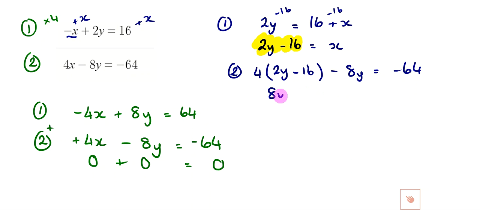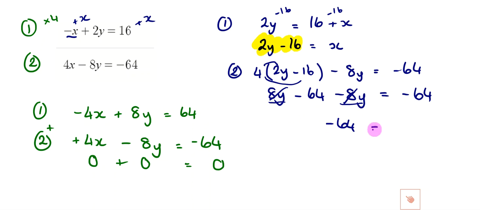So I've got 8y minus 64 minus 8y equals... 8y's minus 8y's cancels out. Minus 64 equals minus 64. Great, again, no problem with that, right?